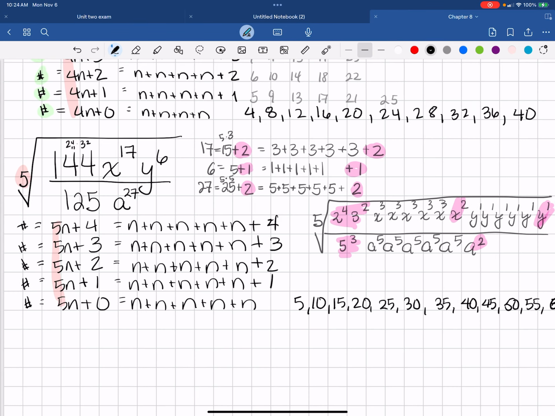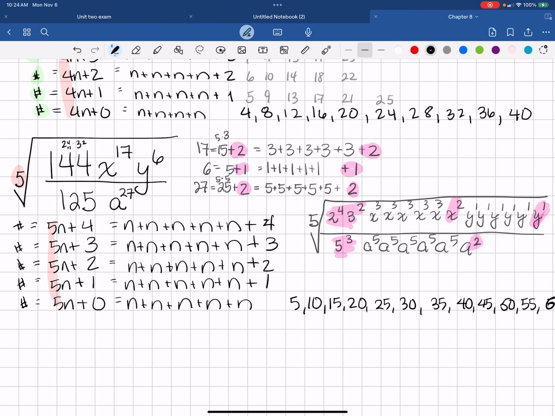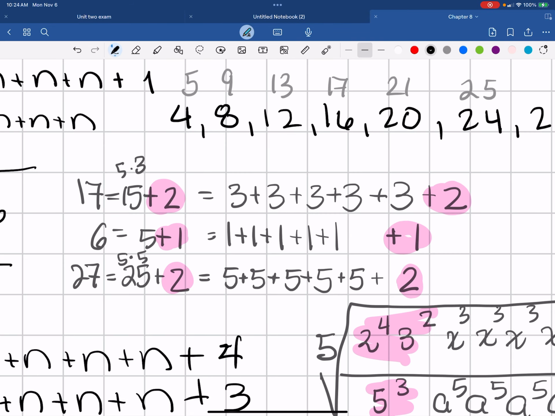With this last one, now we're dealing with a 5th root, so you're looking for multiples of 5. When you're looking at the numbers, 17 is 15 plus 2, and 15 is 5 times 3.